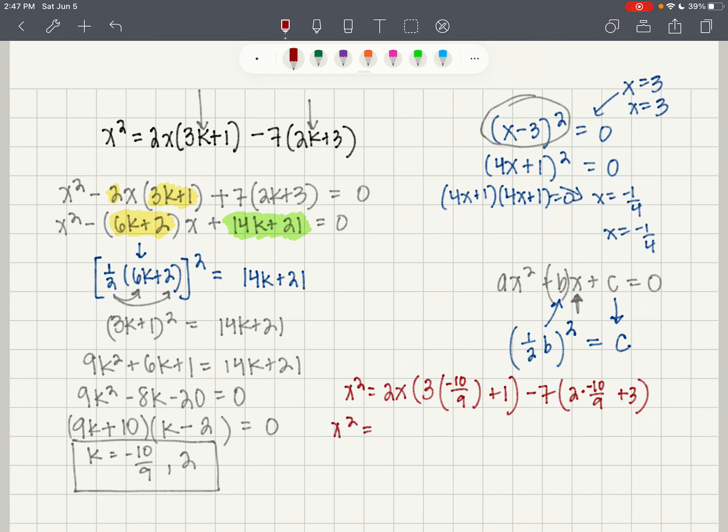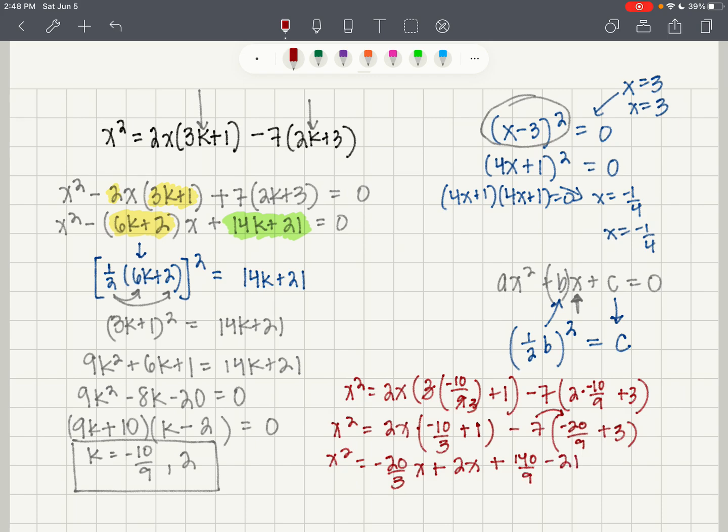And we've got x squared equals 2x times (negative 10/3 plus 3, all in parentheses, plus 1), minus 7 times (negative 20/9 plus 3, in parentheses). x squared equals 2, let's distribute that, negative 20/3 x plus 2x plus 140/9 minus 21.